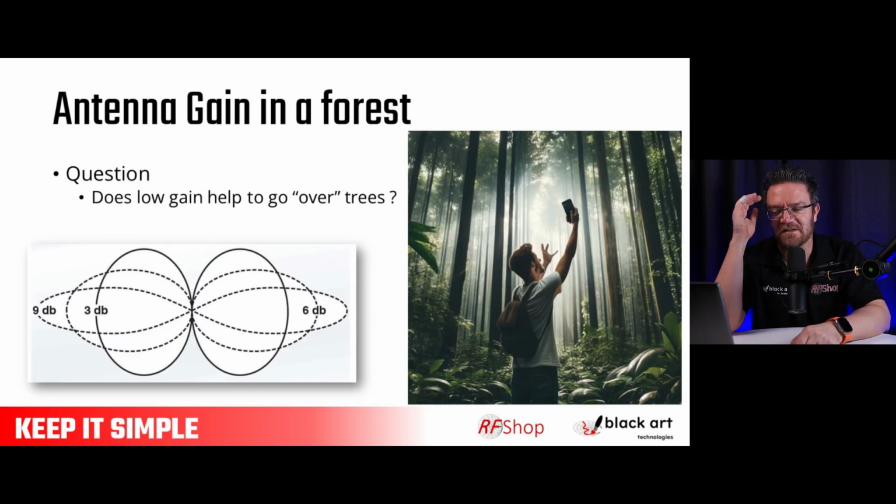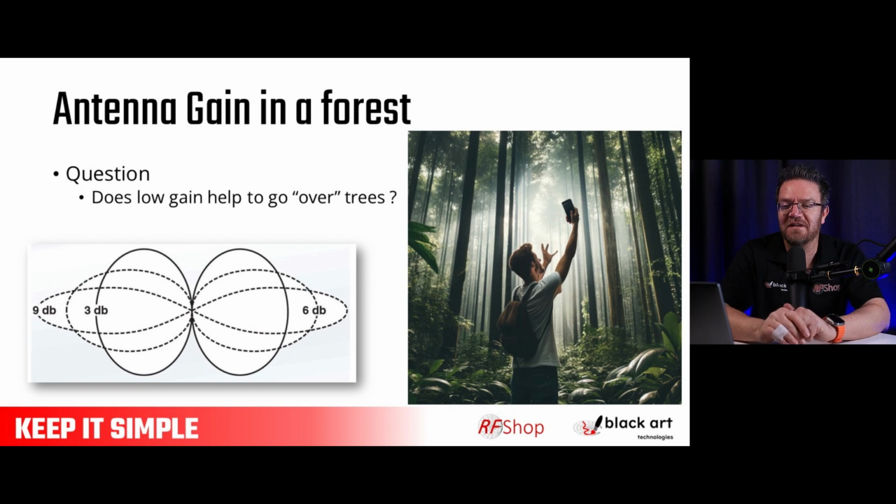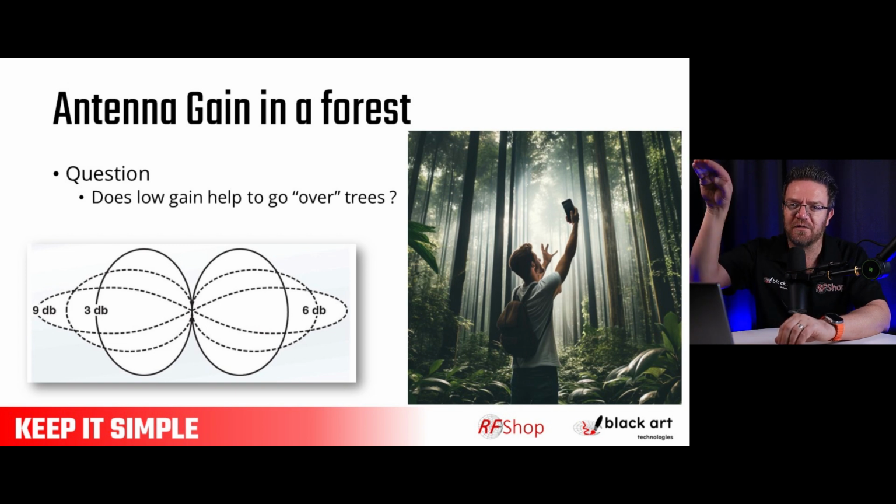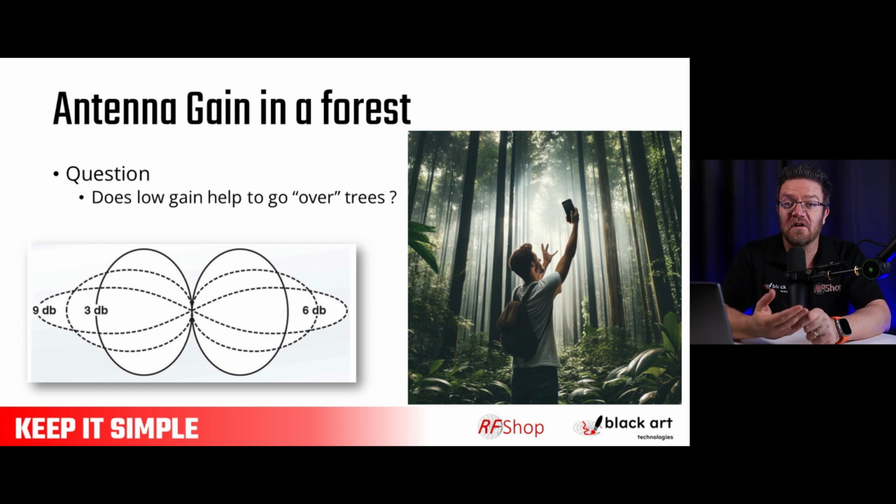Now, one thing that has come up a few times, and you can easily get caught on this if you are not thinking about this, or if you're not an expert in this field, is we get people who think, well, you need to go low gain in a forest, because with low gain the signal goes up, over the trees, and down again. Now, it doesn't work like that. You have a direct line straight to the other guy. It's not about the wave going like this, like if you hit a tennis ball. It doesn't have that kind of curve. That's not the way it works.